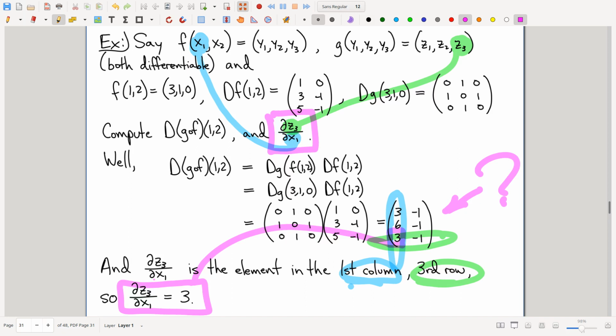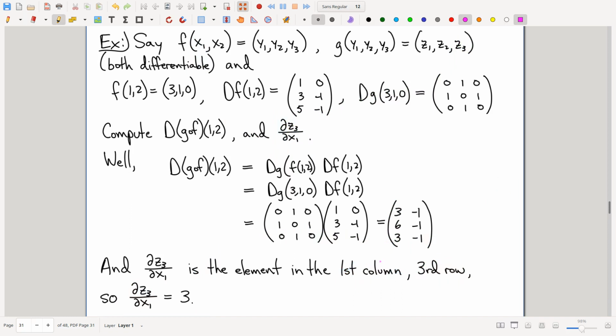What do you think? Everybody all right with that? So really important to recall that individual partial derivatives, as they show up in the derivative matrix itself, the input variable tells you which column, the output variable tells you which row.